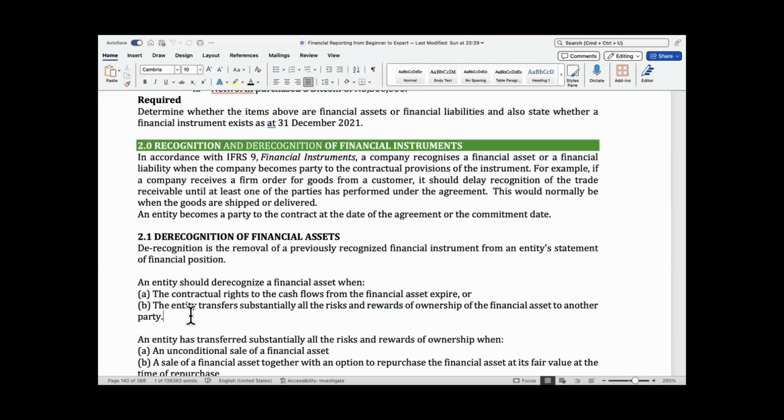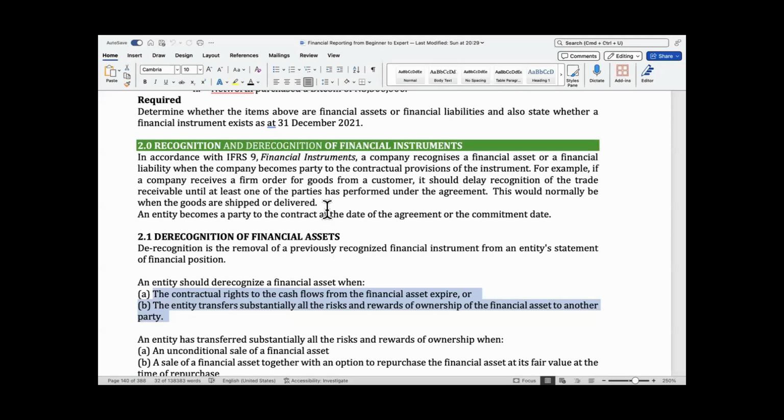That means you haven't transferred the risk and reward. So before you can recognize a financial asset, these two must exist. And that is it about the recognition of financial assets.